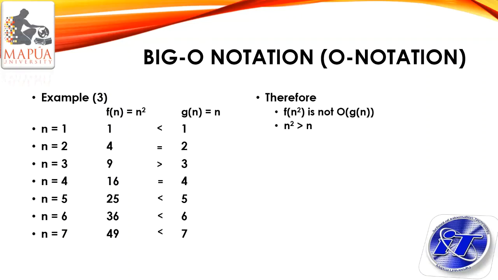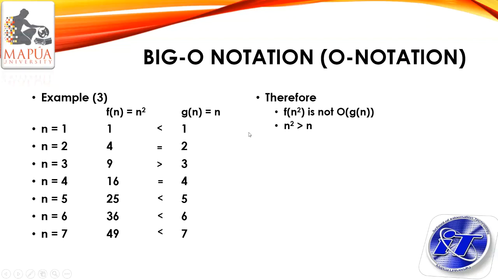How about example 3? Now, can we say that the big O notation of n squared is n? Definitely no. As you can see in this table, can we say that n squared will be smaller than n?